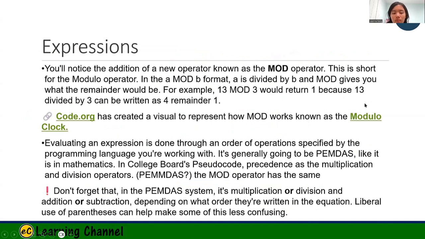Okay, you need to know what modular is. If a number n is a multiple of 4, how do you say that?